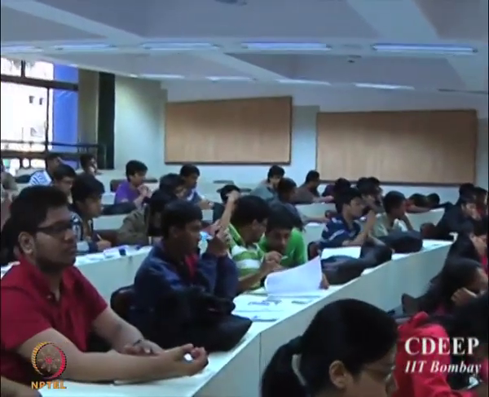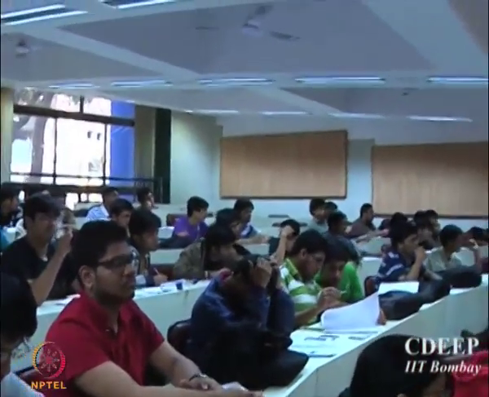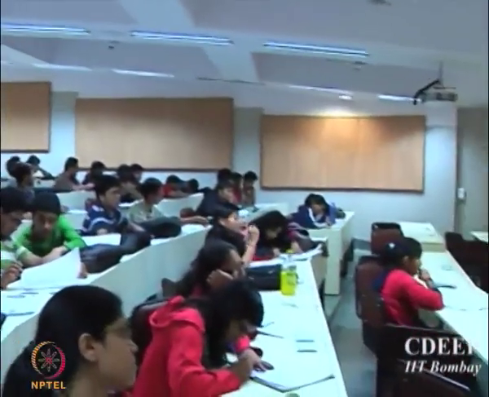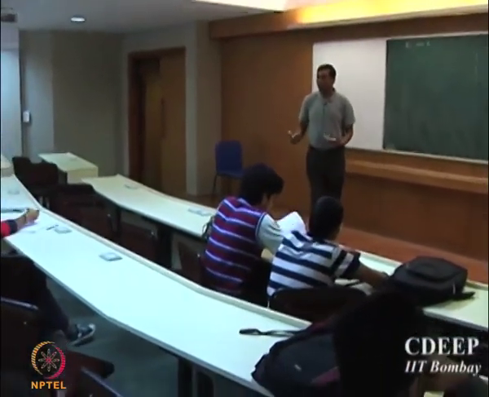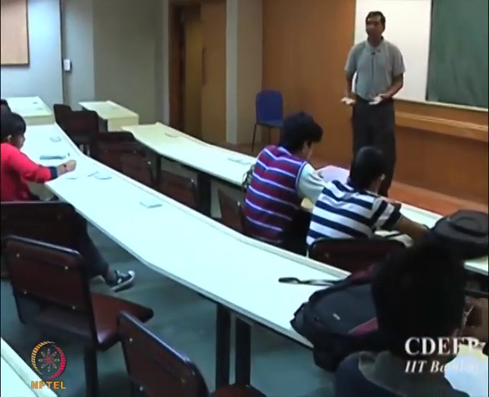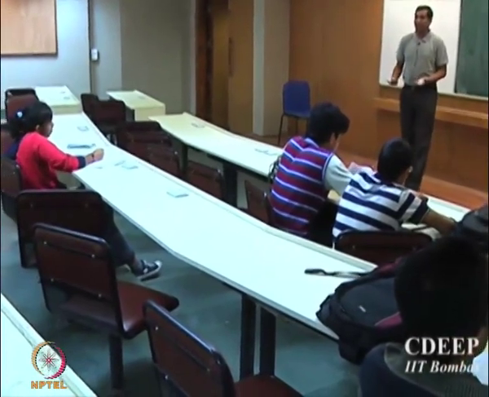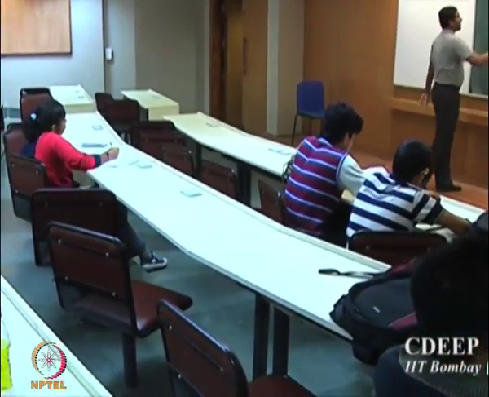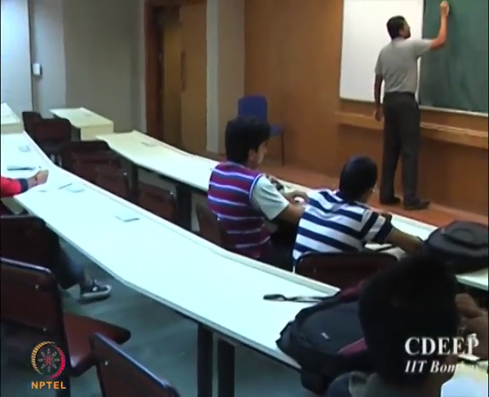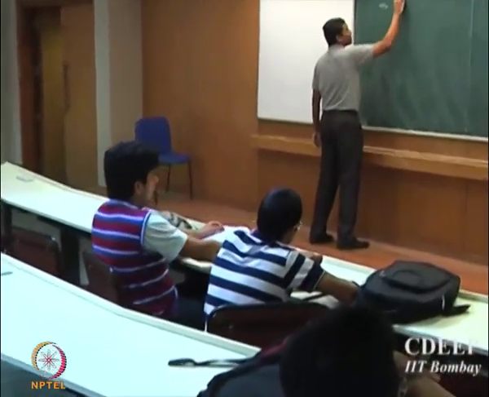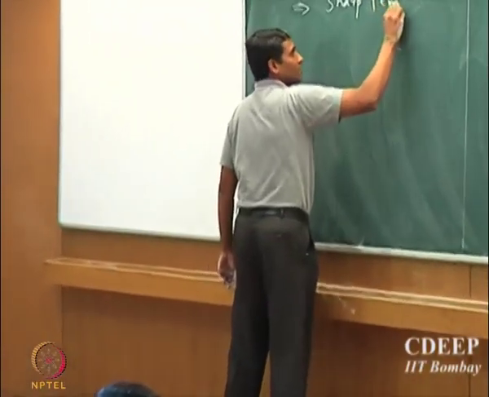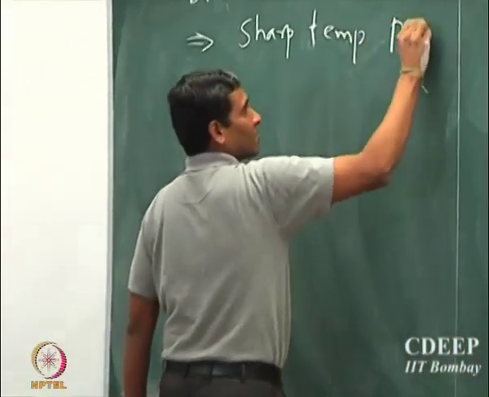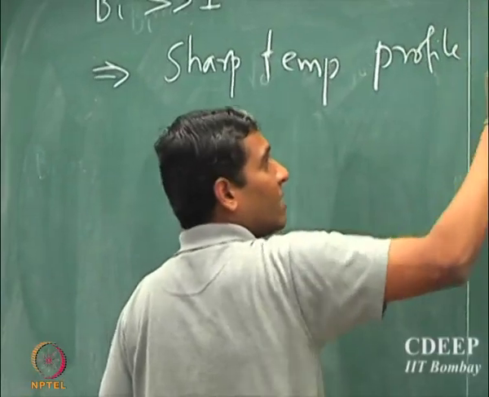Okay, so let's try to sketch the temperature profile. Supposing the Biot number is much larger than 1, which means that the resistance for conduction is going to be much larger than the resistance for convection, which means that there will be a sharp temperature profile in the solid.